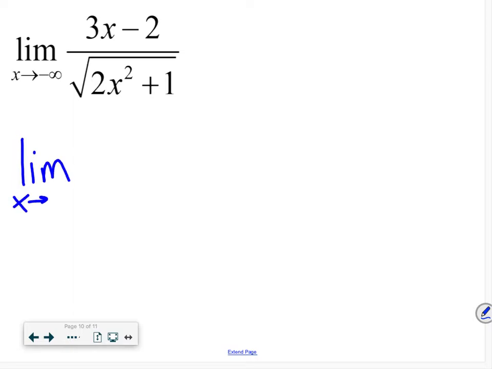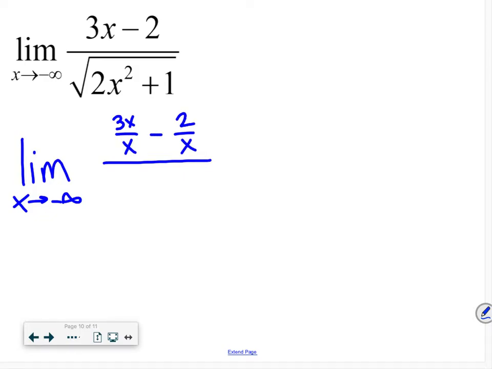Okay, so we're dealing with the same function, right? But now towards negative infinity. And so our strategy last time was to divide by the highest power in the denominator, which we decided was x to the first, right? So we're going to divide 3x over x, 2 over x.